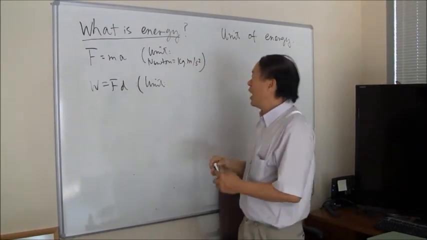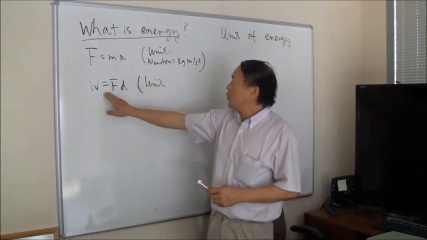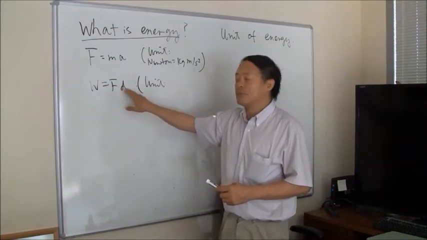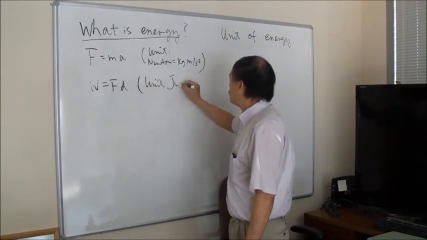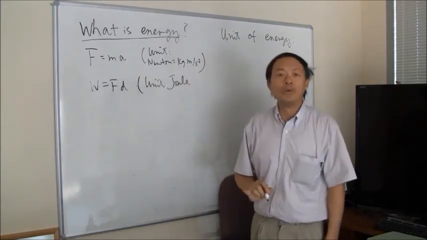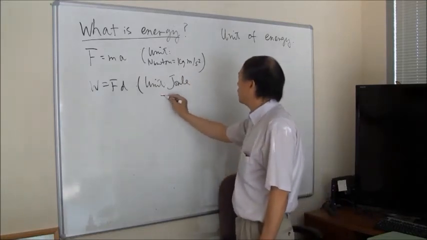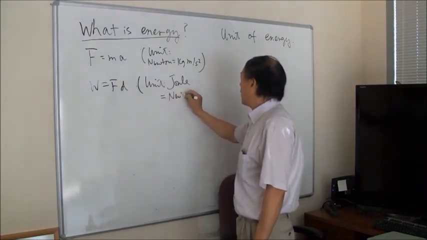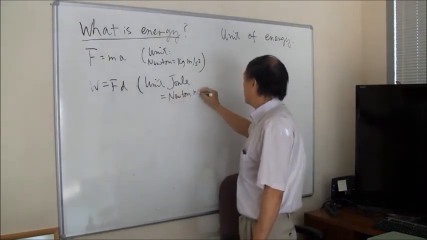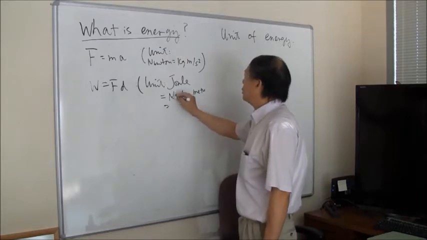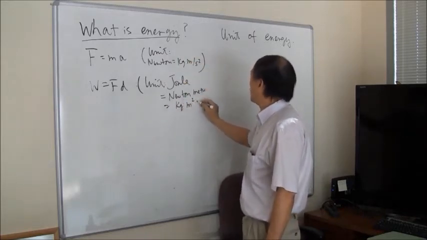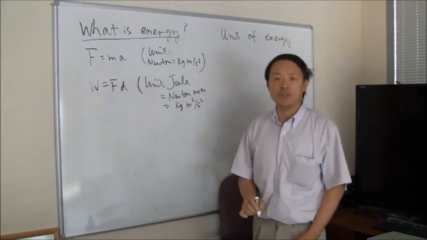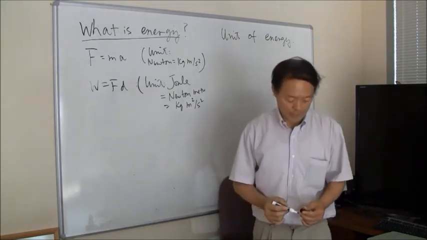Work would then be equal to F, the force, times the distance moved, and the unit would be called a joule. A joule is equal to Newton meter, or if you want to express it, kilogram meter squared per second squared. So that's the unit of work, and that's called a joule.